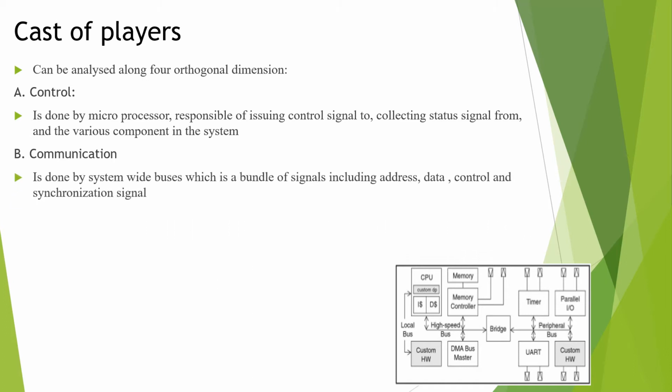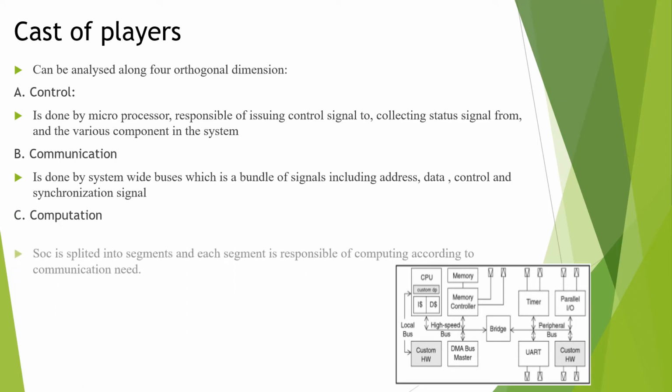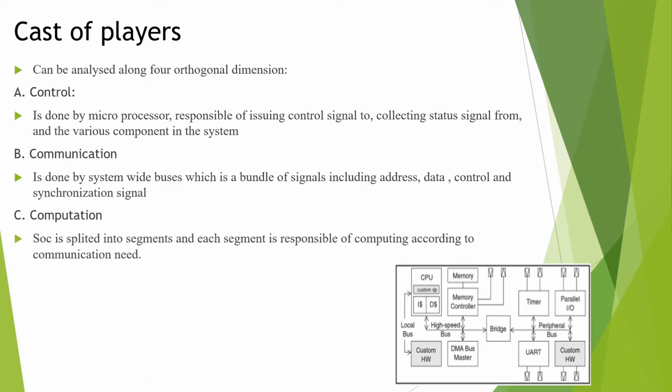Communication is done by system-wide buses, which are a bundle of signals including address, data, control, and synchronization signals. Computation: system on chip is split into segments and each segment is responsible for computing according to the communication needed. Storage: each bus contains a master and a slave storage.